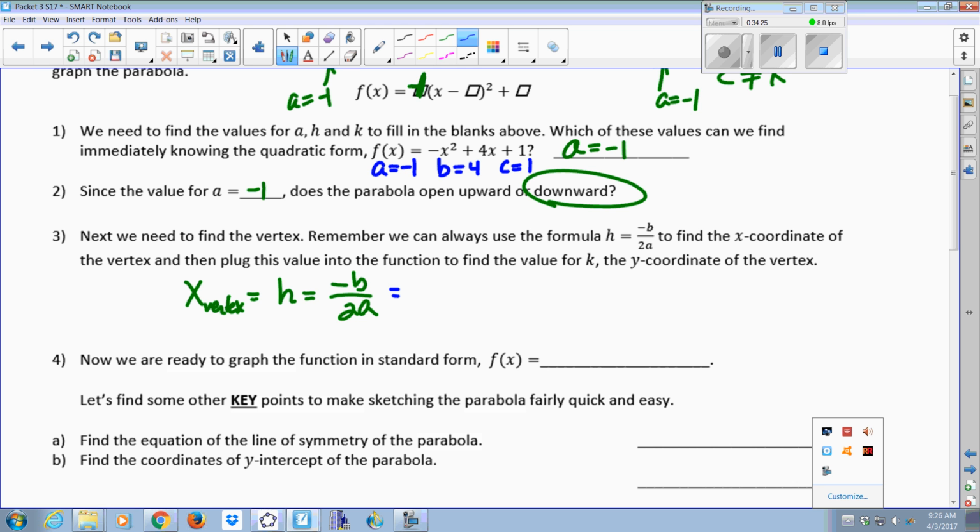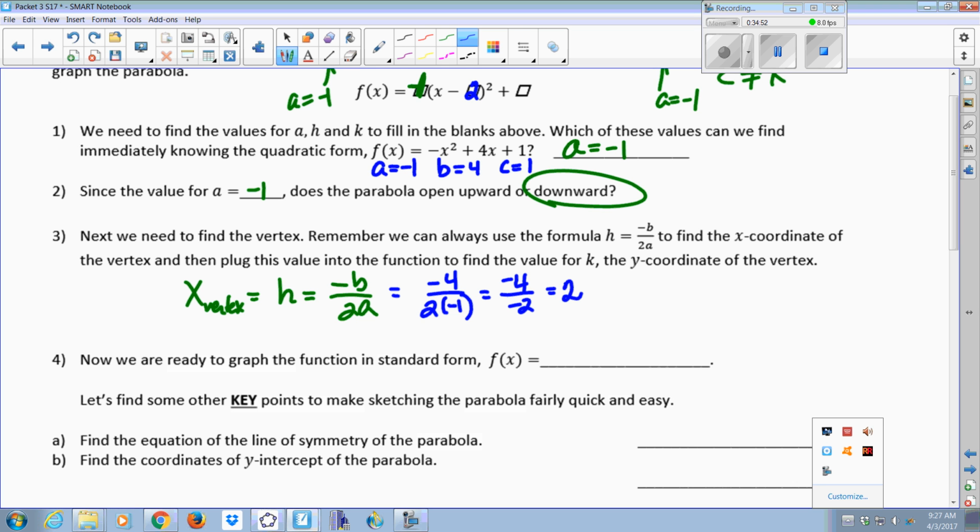So the opposite of b is -4 over 2 times -1 is -4 over -2, which is 2. So now I can come inside here and fill in the 2. That's my h value. X take away 2 squared.